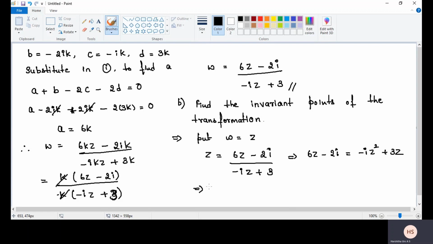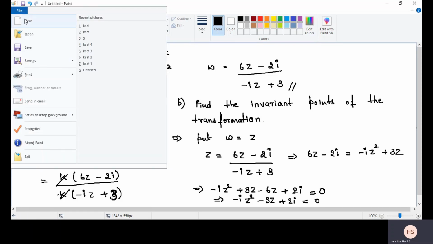Shift the left side term to the right side. Minus i z square plus 3z minus 6z plus 2i is equal to 0. That implies minus iz square, 3z minus 6z is minus 3z, plus 2i is equal to 0. We have to carry out the simplification using the quadratic equation formula.